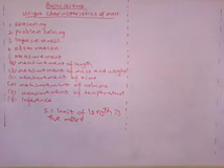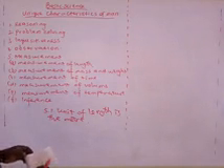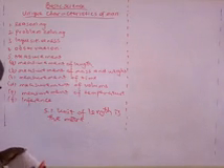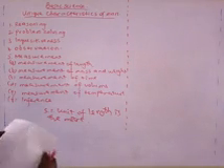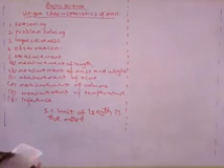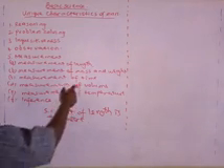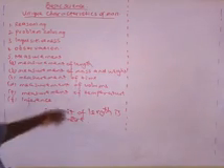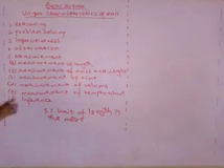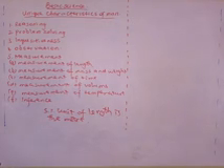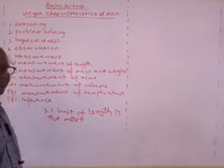Then the next one is mass and weight. Measurement of mass and weight determines how heavy or light an object is. And what is mass?